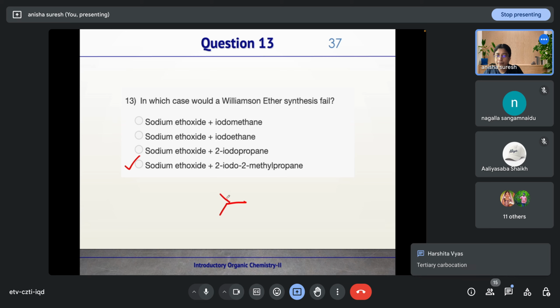This is 2-iodo-2-methylpropane. So this is a tertiary carbon, and here SN2 sort of attack will not be preferred. Steric hindrance will be there. Because of that, Williamson ether synthesis will fail in this case. Okay.